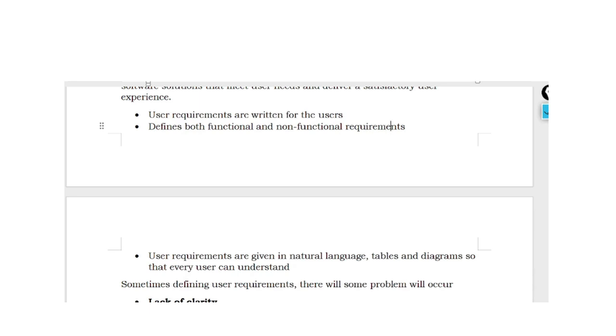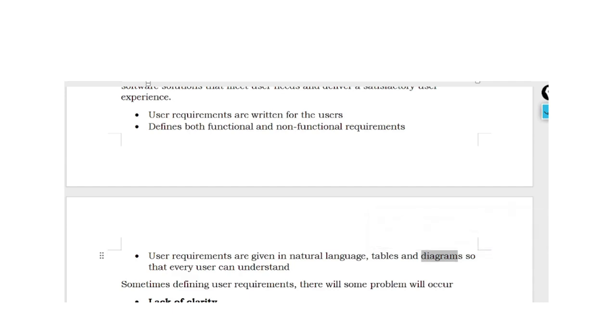Functional requirements define the functionality of the system, whereas non-functional requirements define the quality attributes of any system. The user gives the requirements in natural language, and then in the form of tables and diagrams, so that every user can understand easily.